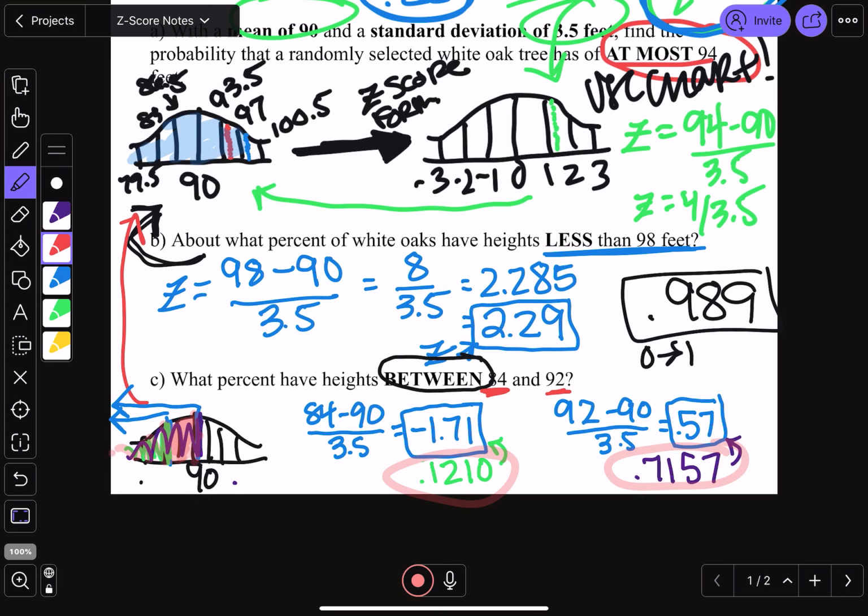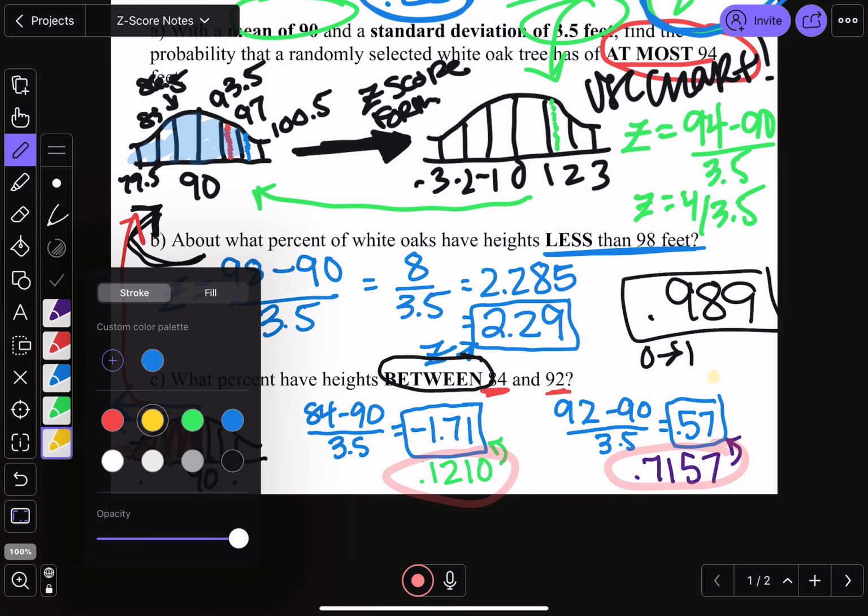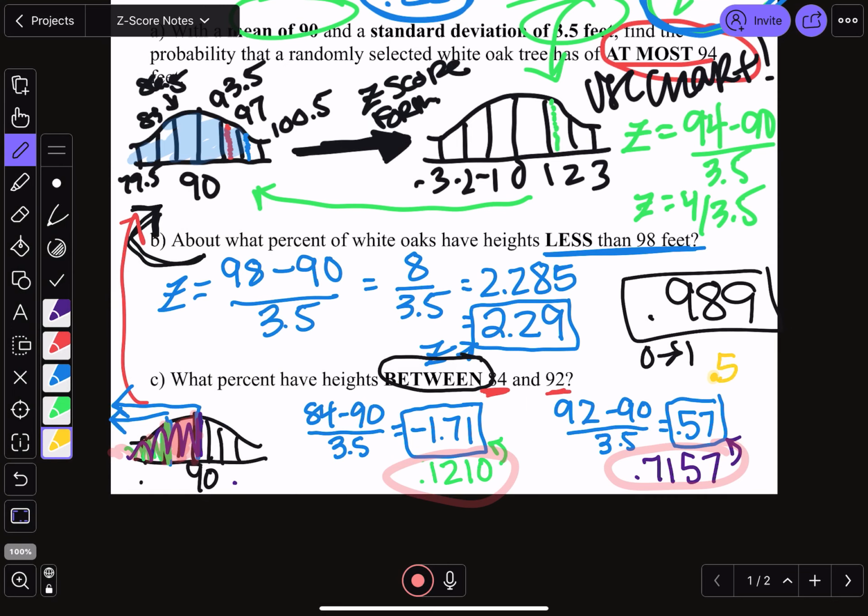I want this one here and then subtracting the leftovers because I just want the middle, okay? So you're going to take 0.7157 and subtract 0.1210. So your final probability and your final answer for this one is 0.59 is your probability.